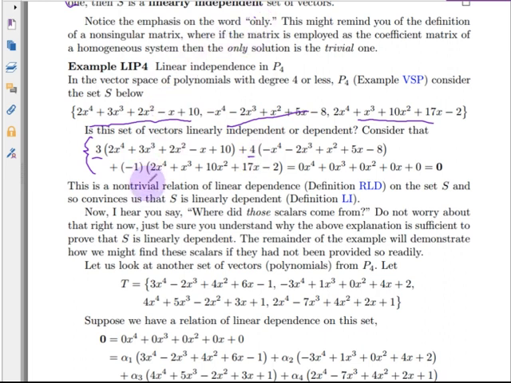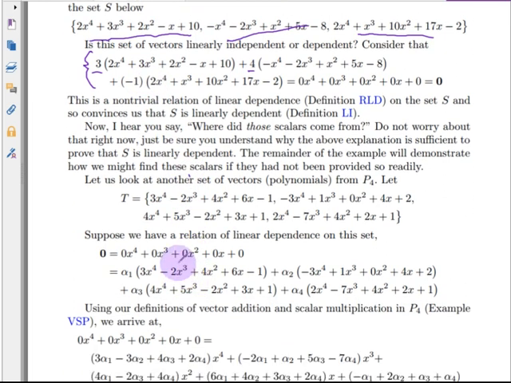So 3 times the first polynomial plus 4 times the second polynomial plus minus 1 times the third polynomial gives me the 0 polynomial. How do we come up with things like that 3, 4, and minus 1? Well, let's form a general linear combination of the polynomials involved.